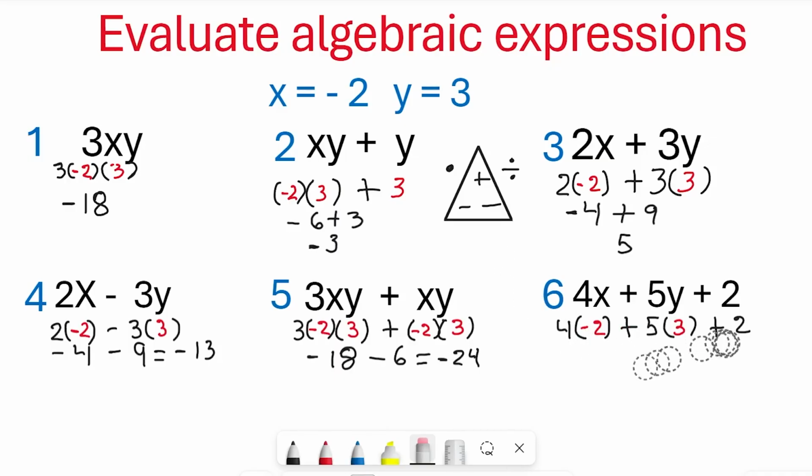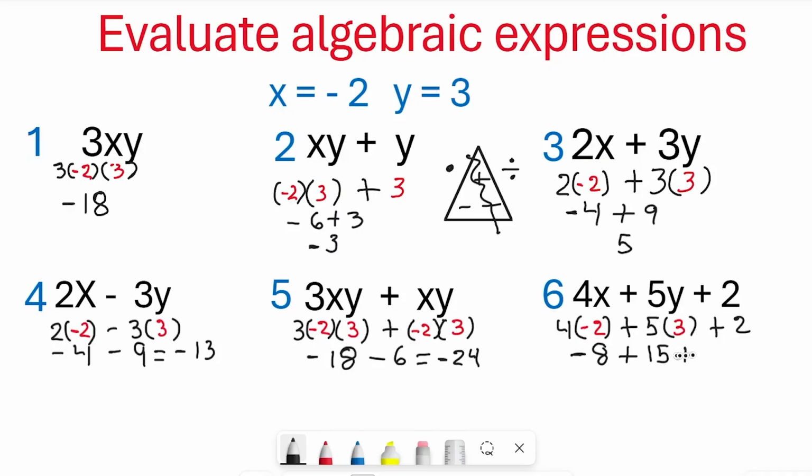After I did the substitution, now I'm ready to multiply. Multiply positive times a negative. So the answer should be negative. And now multiply the two numbers, 4 times 2, that would be 8. Then 5 times 3, both numbers are positive. So of course the answer should be positive 15.